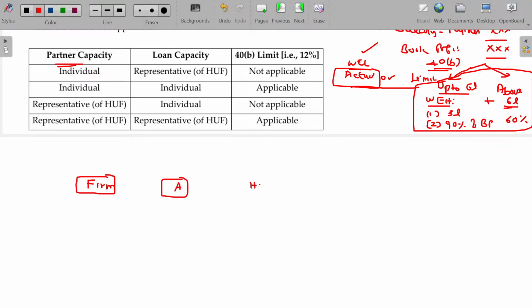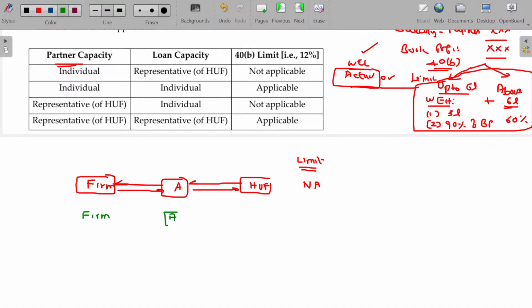Now HUF, Hindu undivided family, gave the loan. That loan is given to the firm and the firm gives the interest, and that interest is transferred here. Now A, being after all a representative for the fund given to the firm, not being the owner of the fund. So here what about the limit? Not applicable.